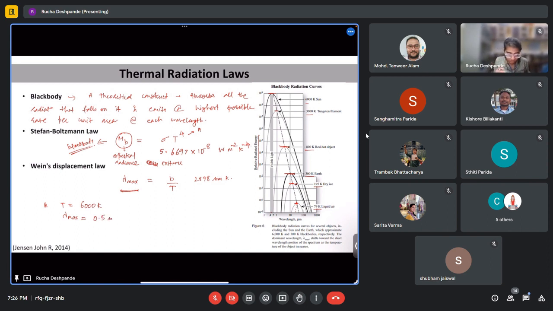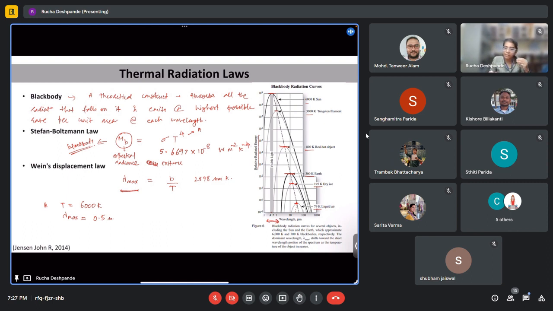Okay. So lambda max would tell us the wavelength region around which the maximum energy is being emitted from that object. So if we want to study using the spectrum of the sun, then we would design our sensors in such a way that they are working between this wavelength range.